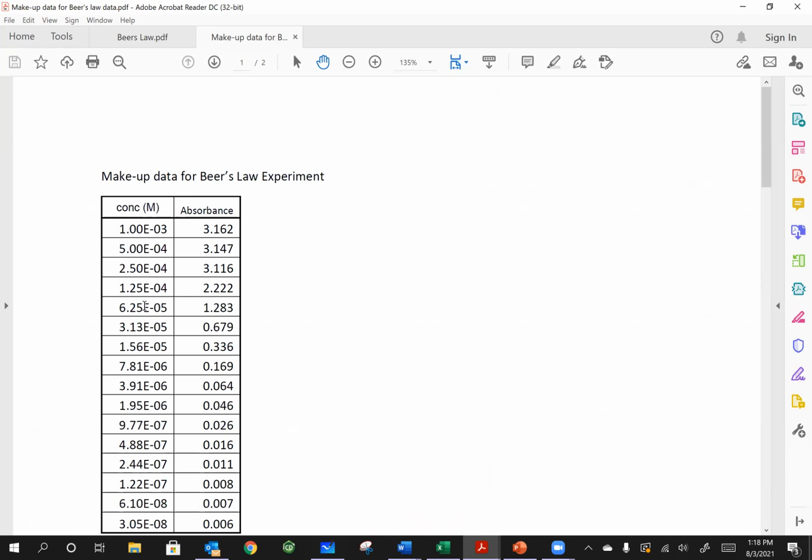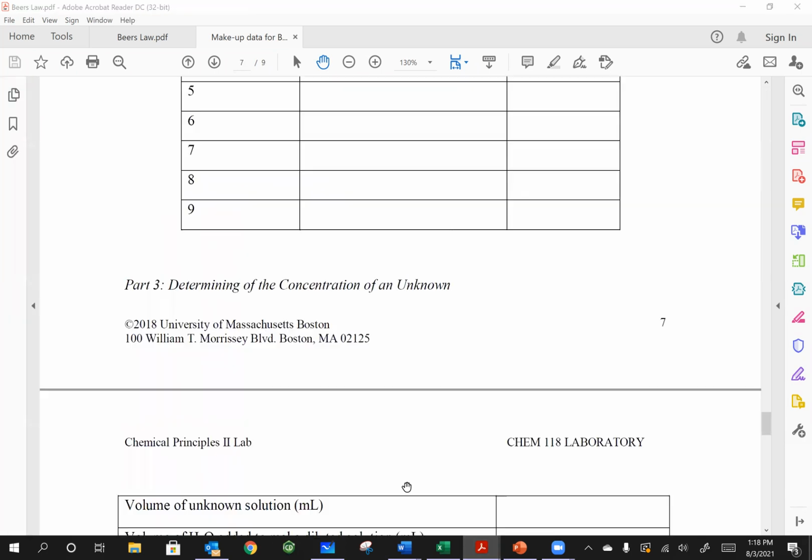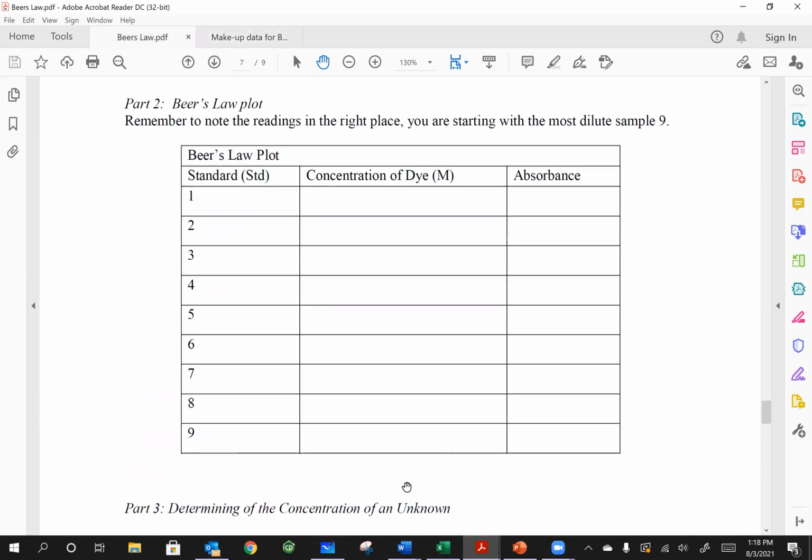We would do that until we got 9 total samples. Then the next step would be to read the absorbance of all those. In your Beer's Law data, we would put the concentration of the dye and the absorbance. We would start with the 2 and go down until we have 9 of them.